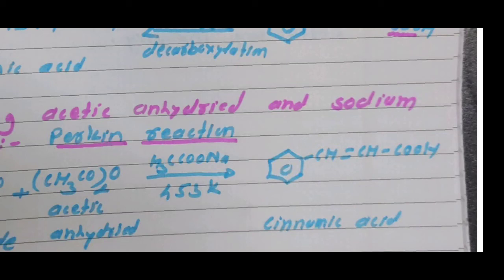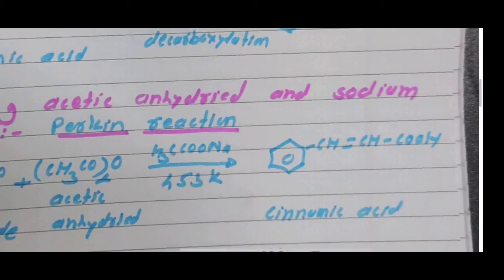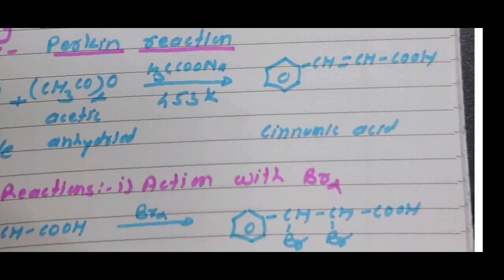Then after preparation of cinnamic acid, we study the chemical reactions of cinnamic acid. There are two chemical reactions. First is the reaction with Br2, that is bromination. Cinnamic acid on bromination with Br2 gives dibromo cinnamic acid, meaning an addition reaction takes place.